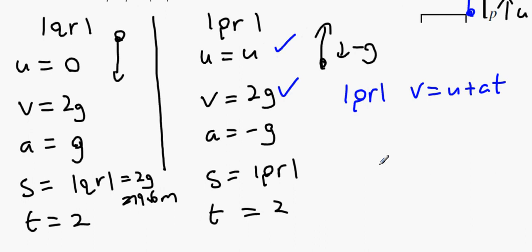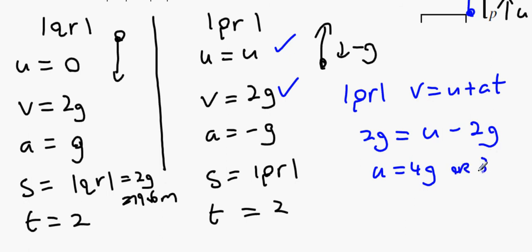So we get 2g equals U plus AT, which is going to be U minus 2g. U therefore is going to be equal to 4g, or 39.2 meters per second.